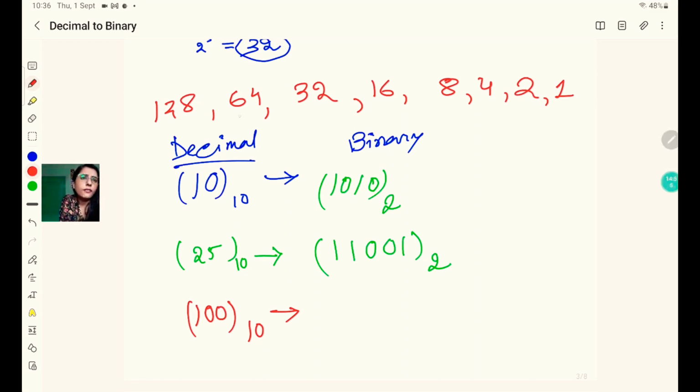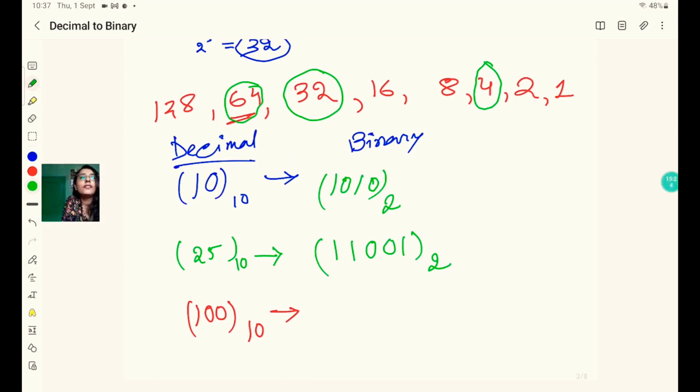We can have a 64, right? 64. We can take 32. 64 plus 32 plus 4. Does it make 100? Plus it. 32 plus 4 makes 36. 36 plus 64 makes 100.